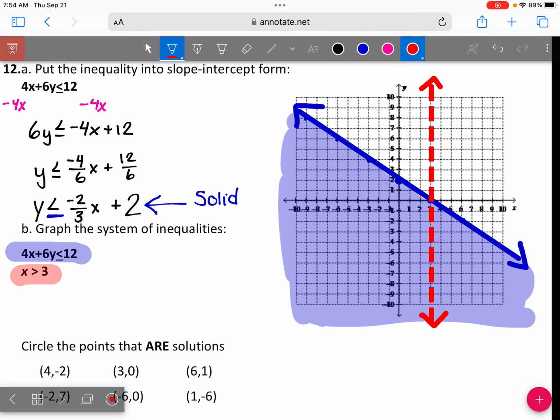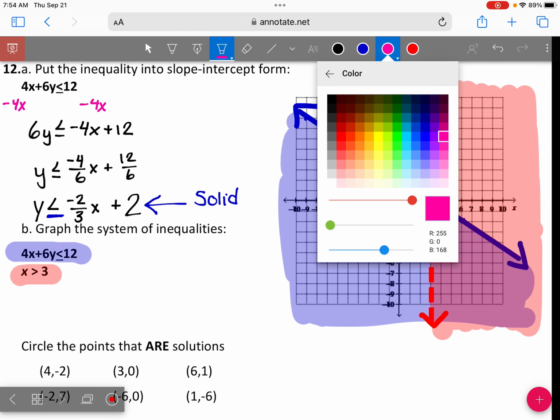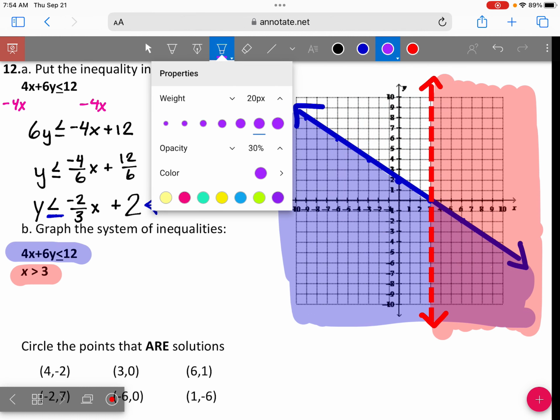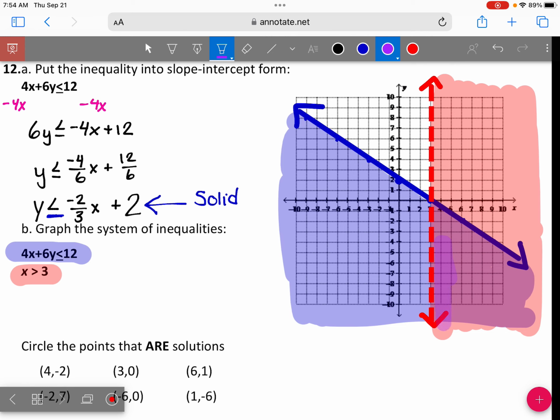To the right. So we color to the right. So our solutions for this system are in this kind of purple area down here.